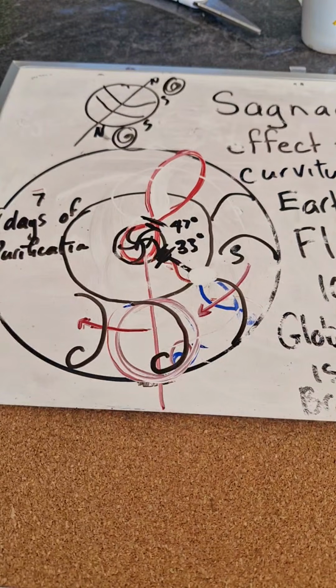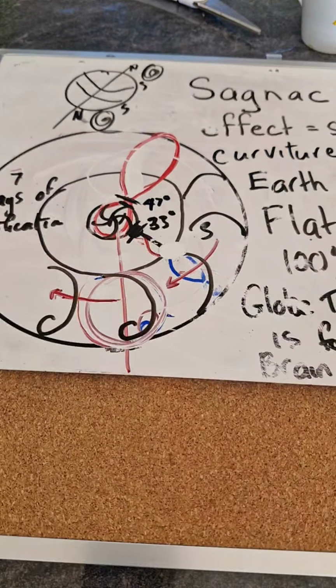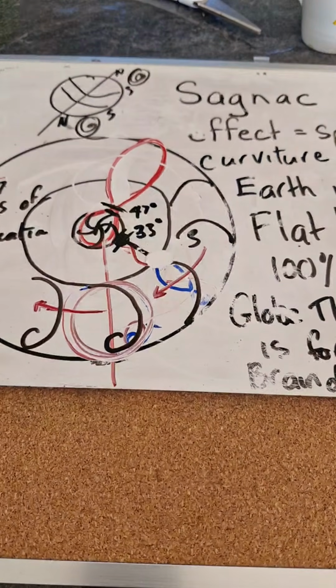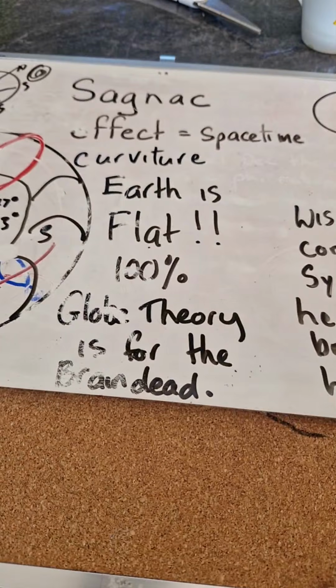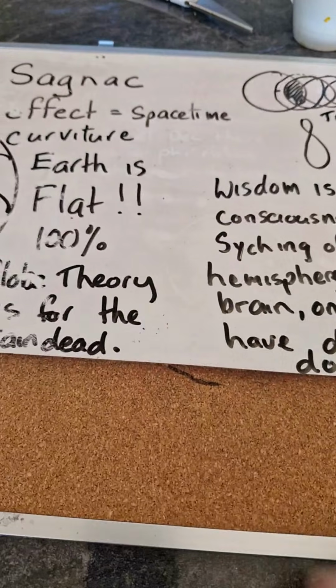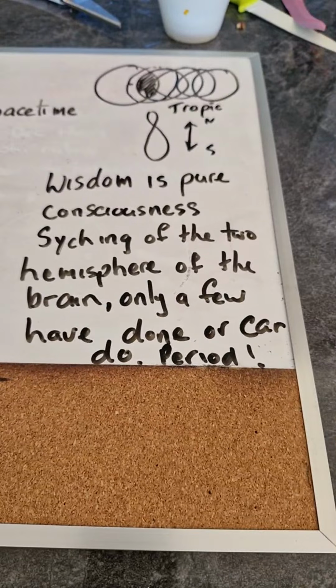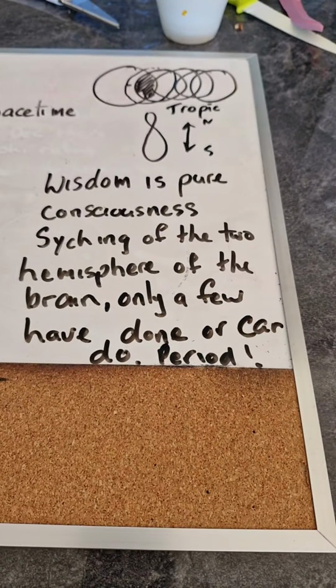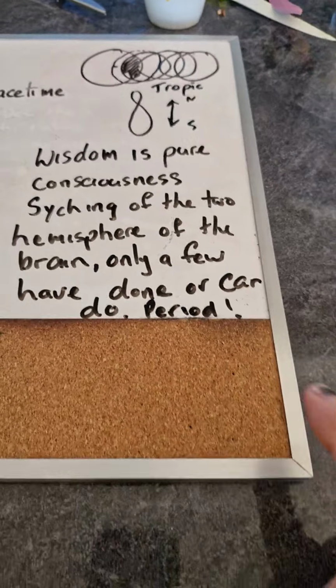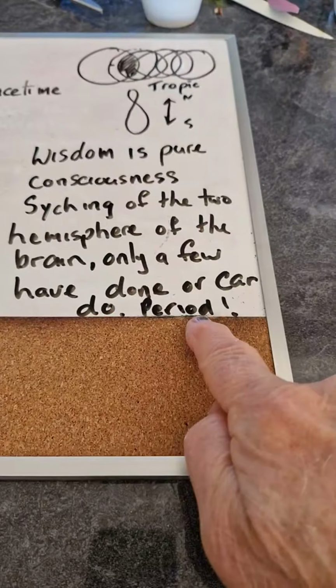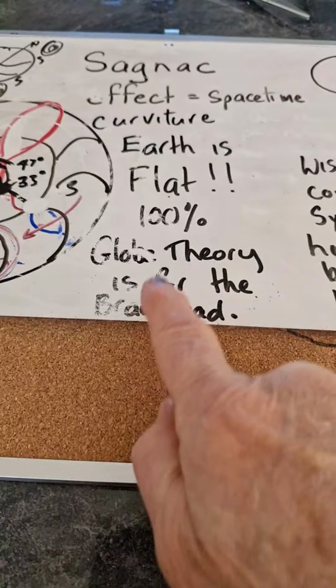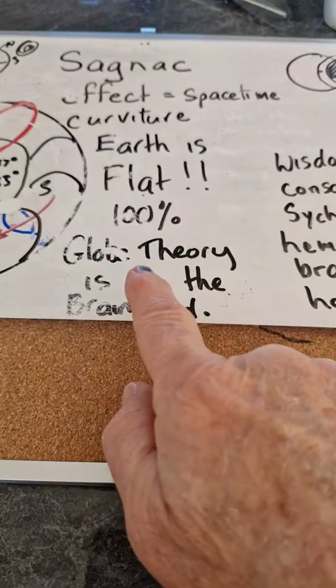Okay, back to the Sagnac. Let's clean this board here, okay? You see, have you read this? Read that. Think about it. Period. Only the brain dead believe in a globe.